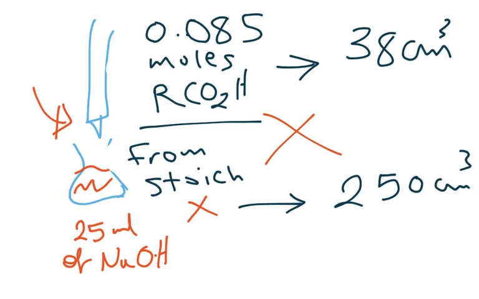Okay, great. Now, for our last question, we need to show that we understand the amount of material that is being diluted. So let's see. We want to find out the amount of moles in the undiluted acid.